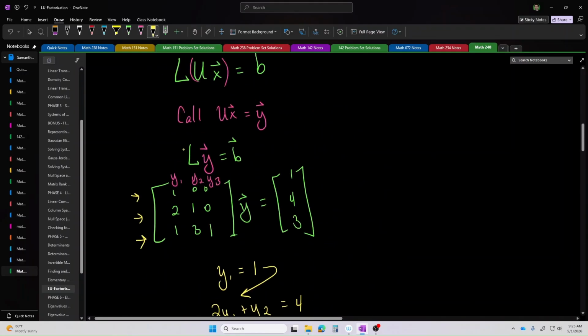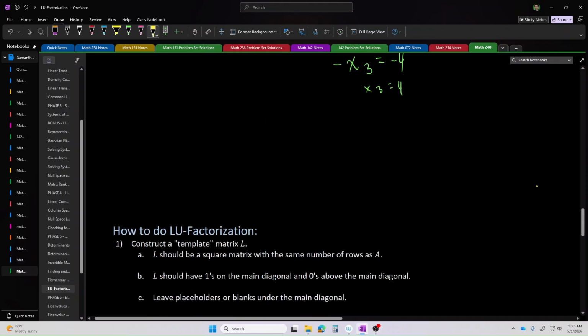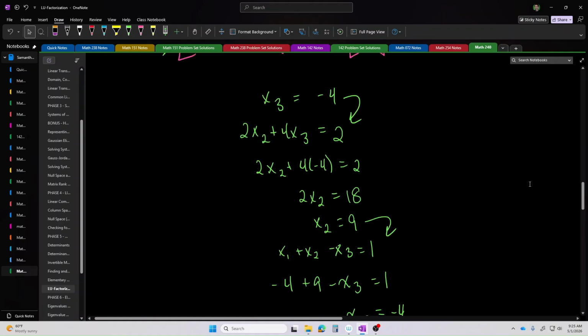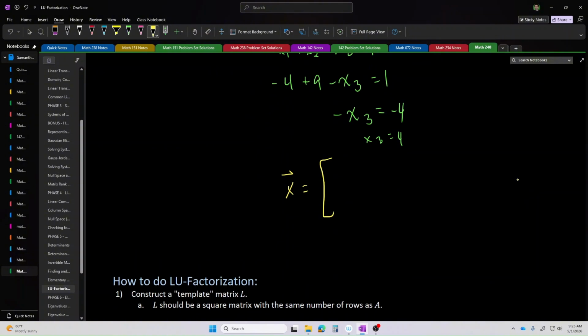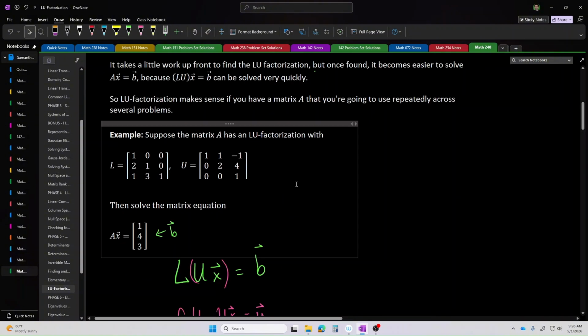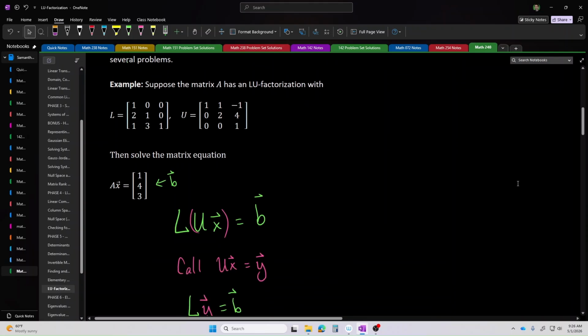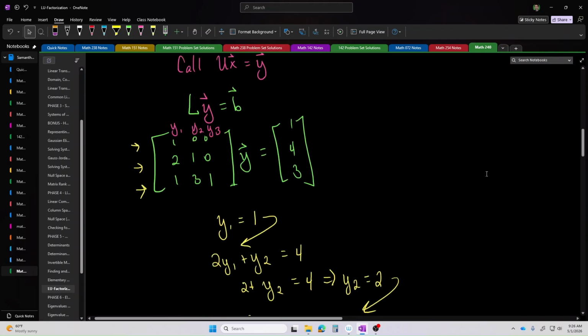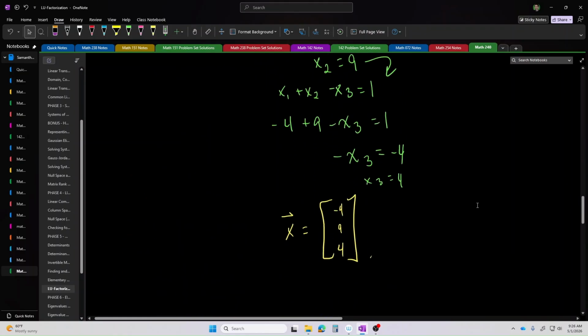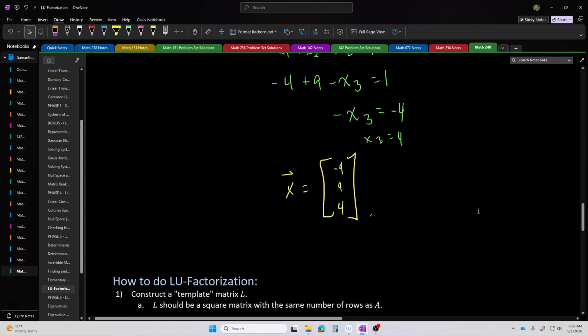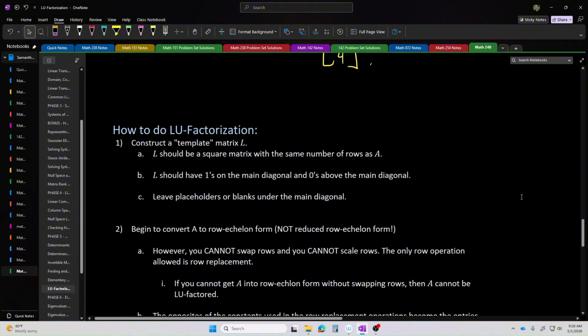So via this two-step solving process, we've gotten our solution. If your A has been factored in this format, you can solve matrix equations involving A really just by doing a lot of substitution. So now let's talk about how the LU factorization of a matrix is found if it's not given to you at the start of the problem.